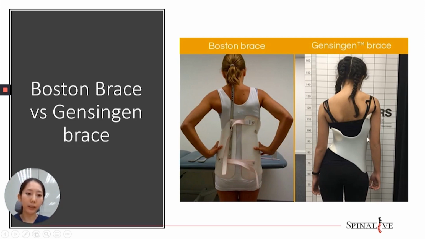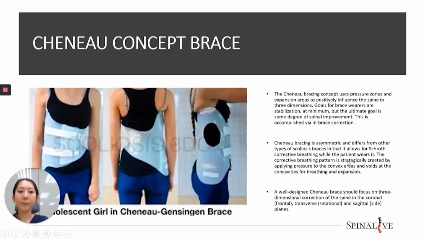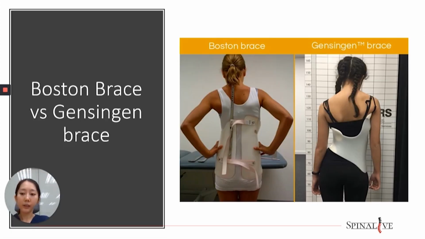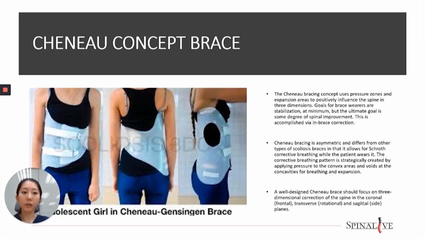You see there's a small little hole over here. Okay, and you do see that there's a bit of a pressure point on certain areas, and also there's some foam being placed at this area to reduce the pressure at the rib cage region, and also the dropping of the hips on one side. Okay, so the Gensingen brace goes by the Chenot concept.